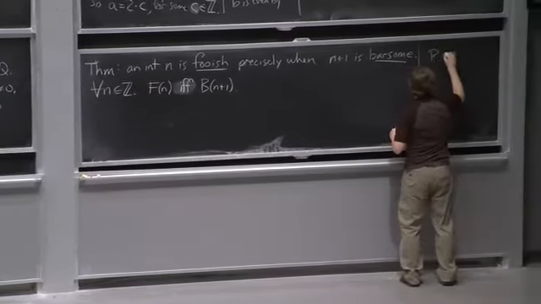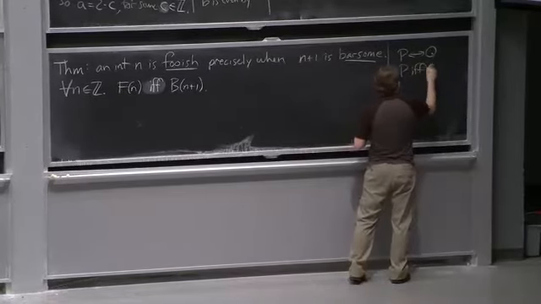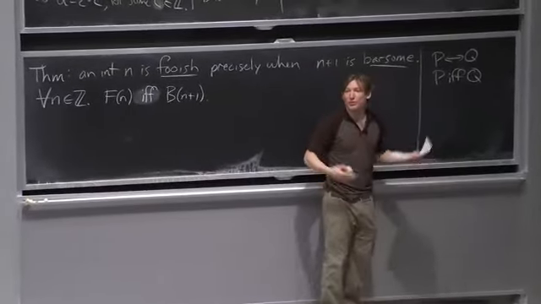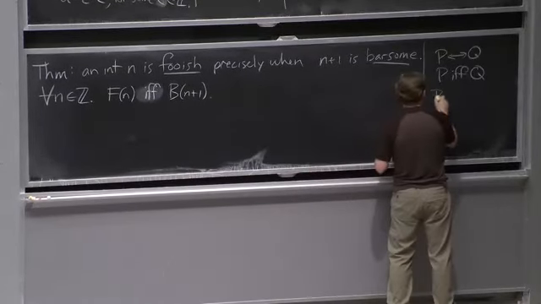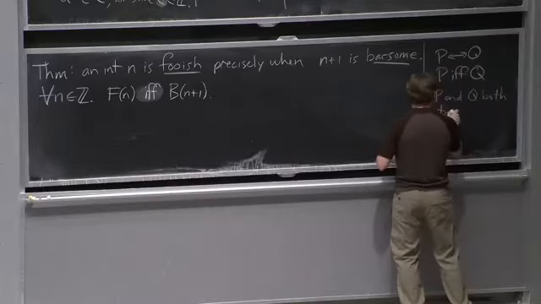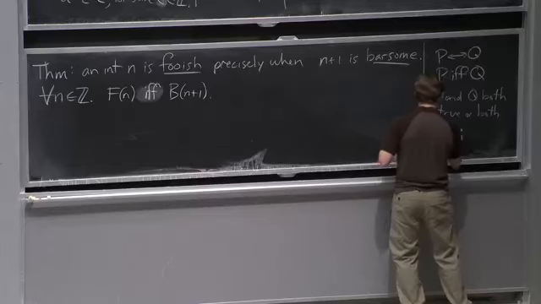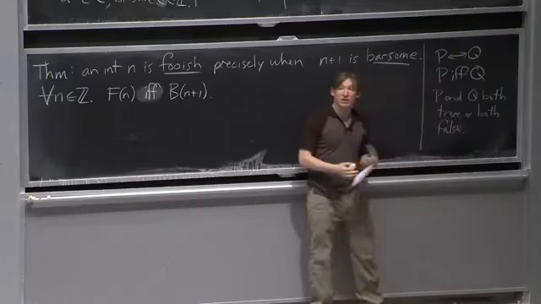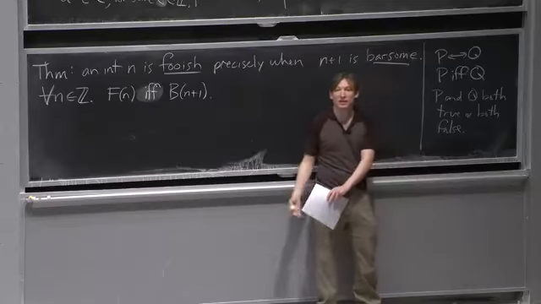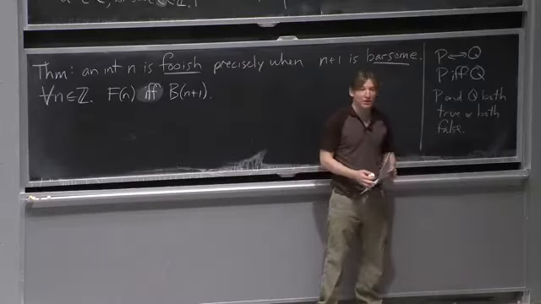So P if and only if Q means that P and Q are both true or both false. It means they're expressing the same condition. They're true in exactly the same times. They're false in exactly the same times. So they're logically equivalent.